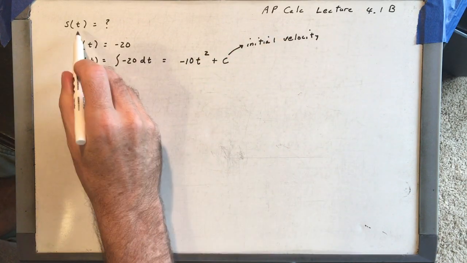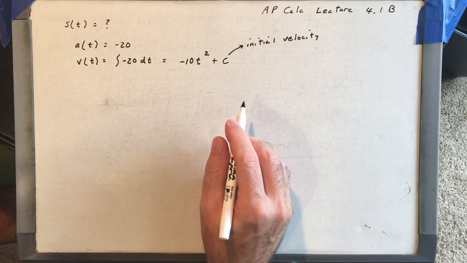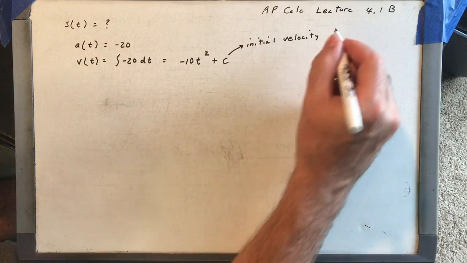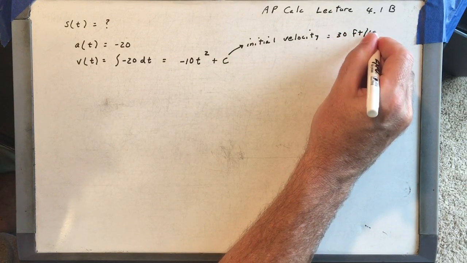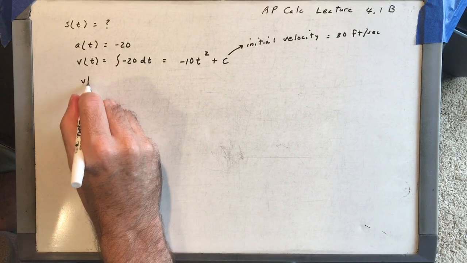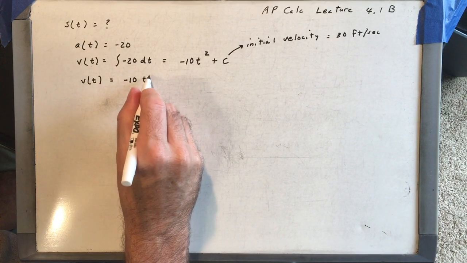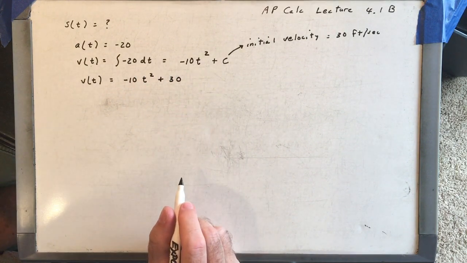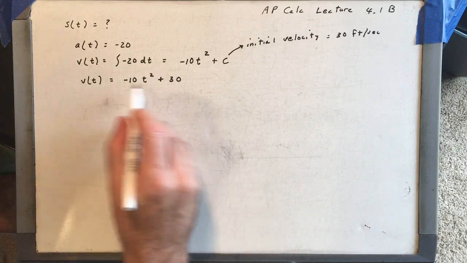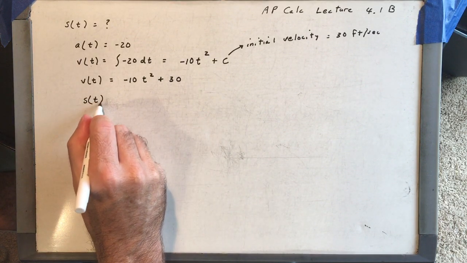When we're in position, it'll be the initial position. So looking at the problem, do we have an initial velocity? We do. It's 30 feet per second. So our velocity equation, v of t, is equal to negative 20t plus 30. Now we can use that to get the position function. We just integrate v of t.